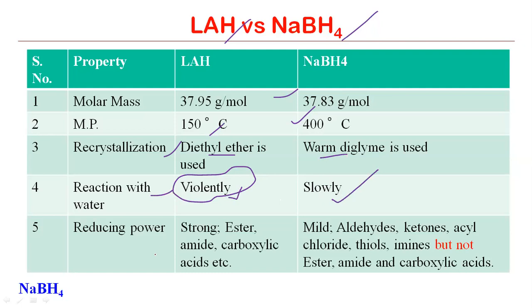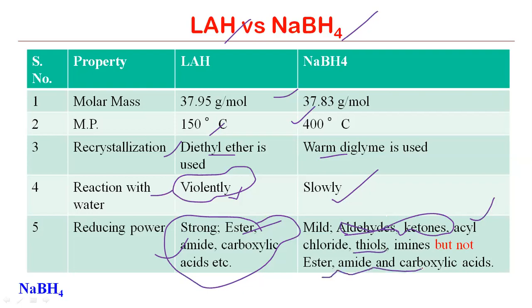The reducing power of LAH is very high as compared to sodium borohydride, and it reduces almost all functionalities having a carbonyl system. Sodium borohydride is exclusively used for the reduction of carbonyl compounds, but it can also reduce acyl chloride, thiol, and amine, but not ester, amide, and carboxylic acid, because sodium borohydride is a mild reducing agent.